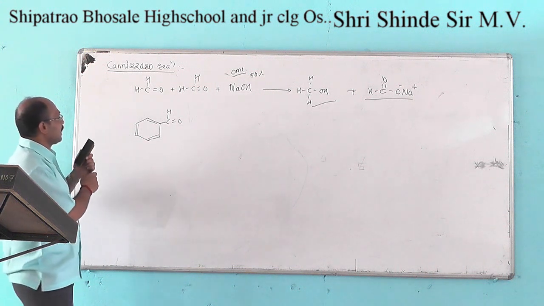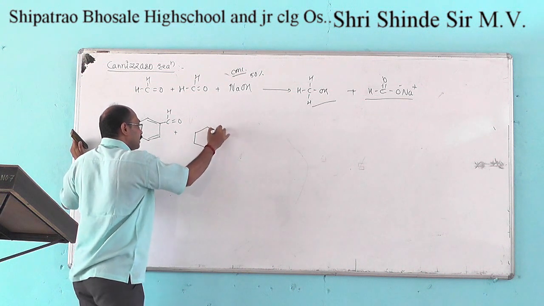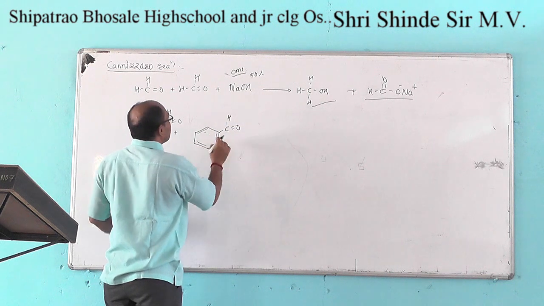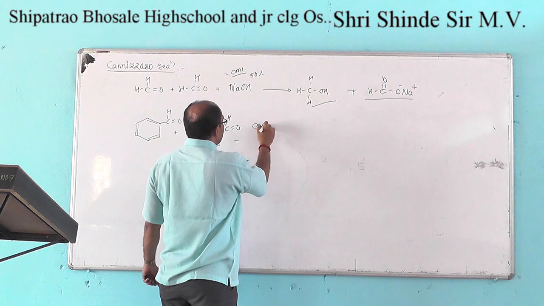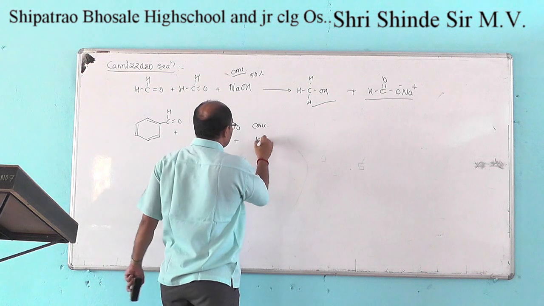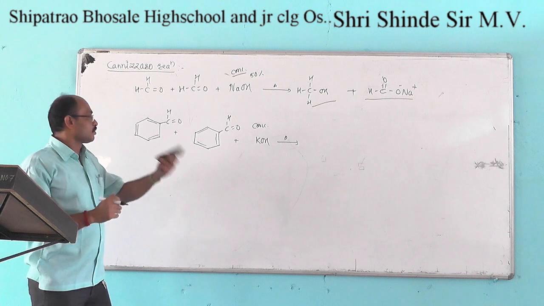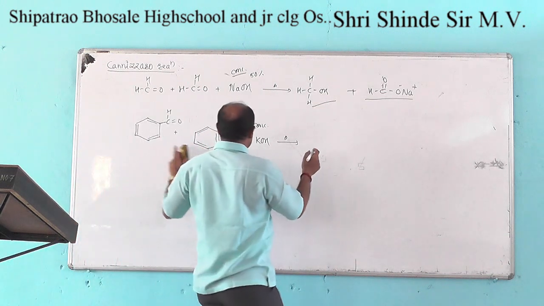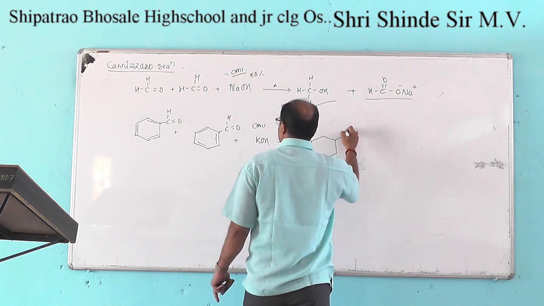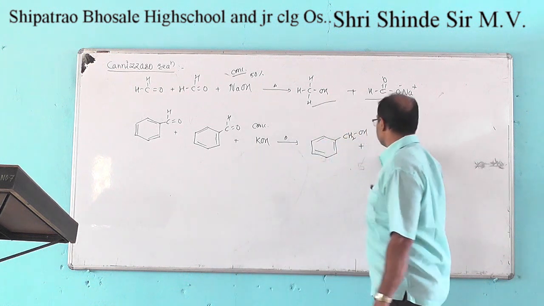For example, benzaldehyde: benzaldehyde molecules are heated with concentrated alkali. One molecule is reduced to alcohol, giving C6H5CH2OH, the formation of benzyl alcohol.